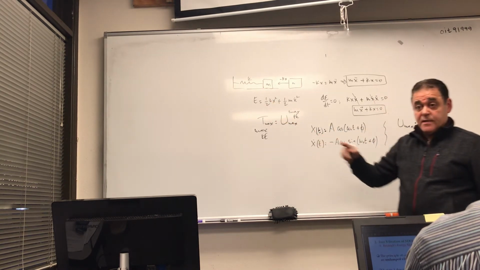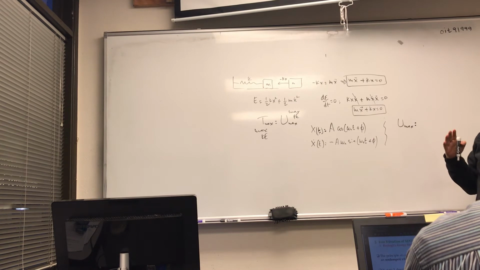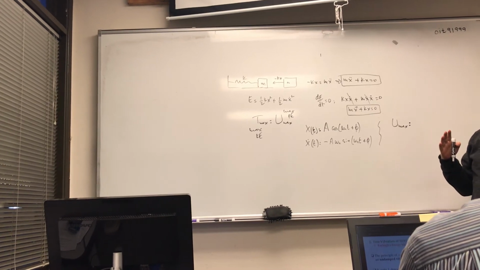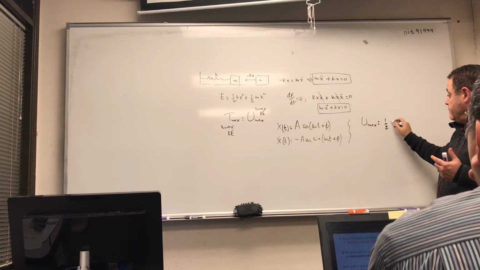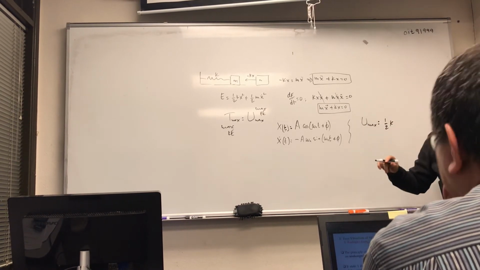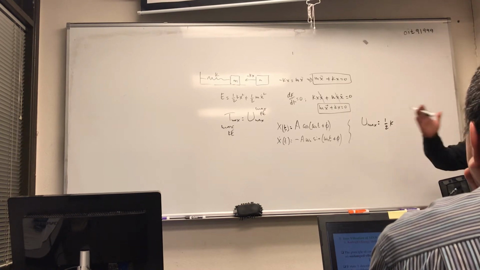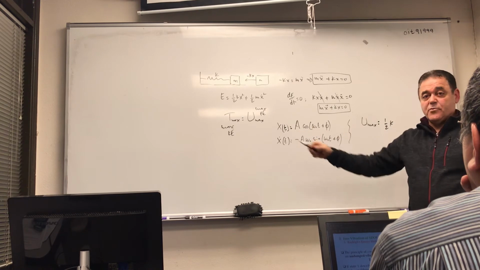Well, U max is the maximum potential energy of the spring, right? It's 1/2 of k times the maximum displacement, right? But what is the maximum displacement if this is what describes it?